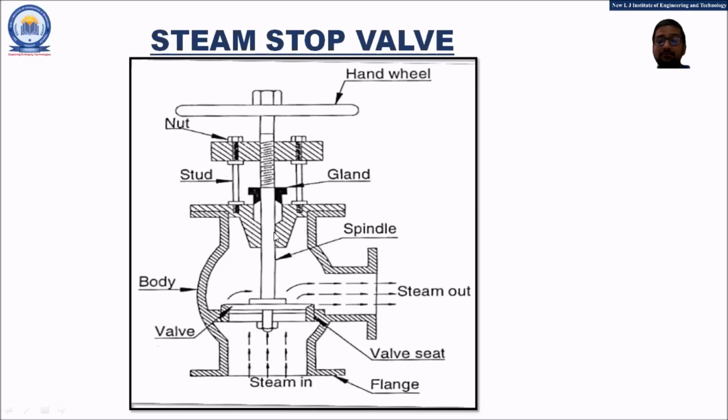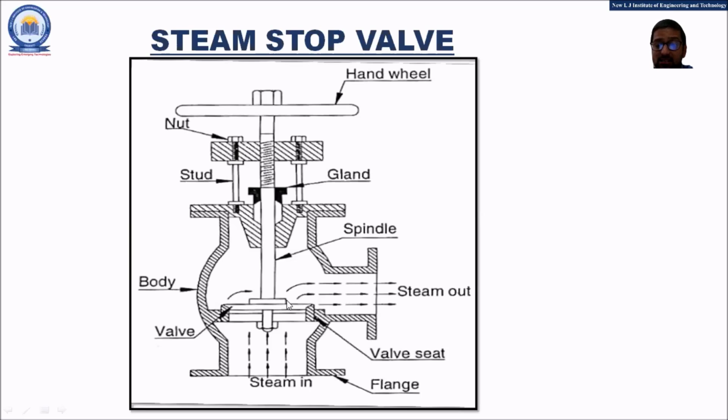Now let us understand the working. It is very easy to understand. Whenever we need to have the steam at the outlet, the boiler operator will be operating the hand wheel, rotating the hand wheel. Because of this rotation of the hand wheel, the spindle will be lifted in the vertical direction. Because of the movement of the spindle in the vertical direction, the valve will also be lifted in the vertical direction.